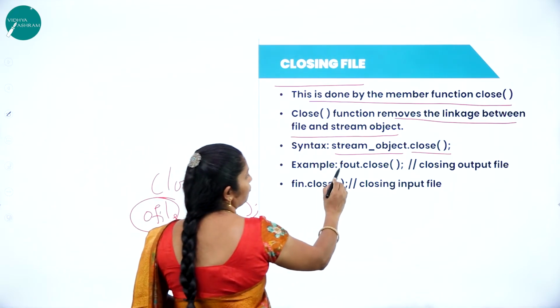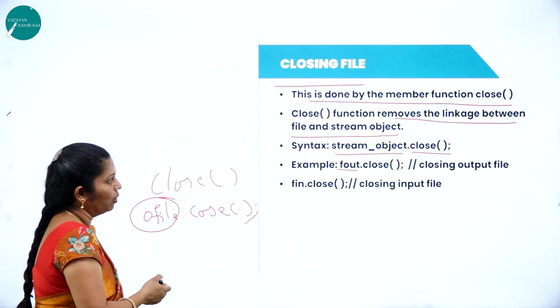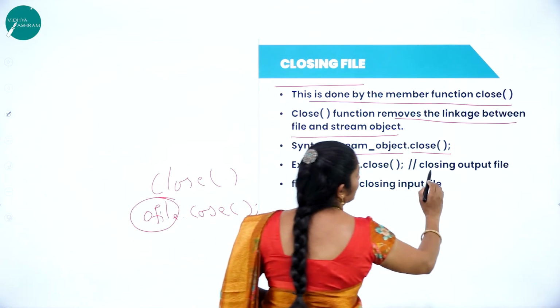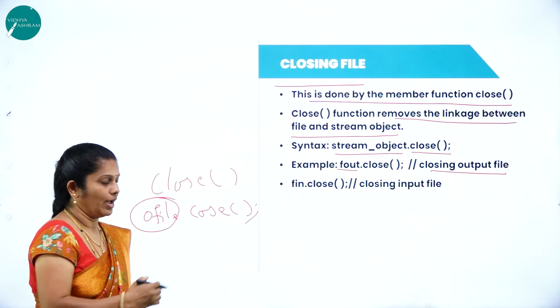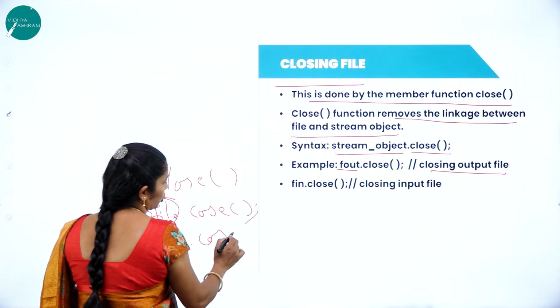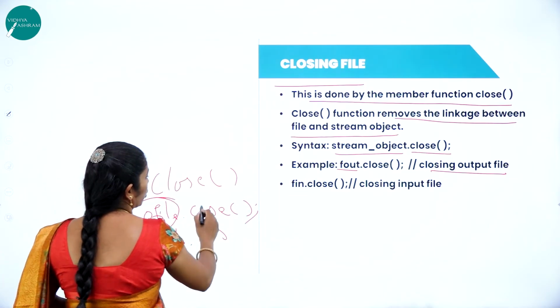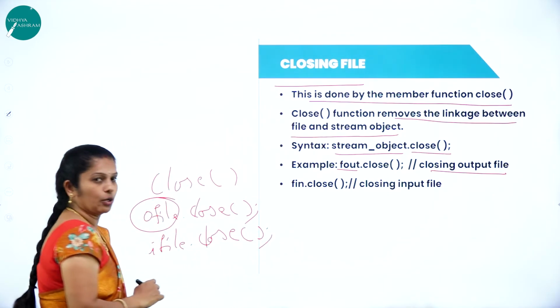For example, fout is the object. Whatever object name you want, you can give: fout.close, we are closing the file here, closing the output file. If it is an input file, then I write ifile is the object name, dot close. While writing close, you have to mention close, then write the semicolon.